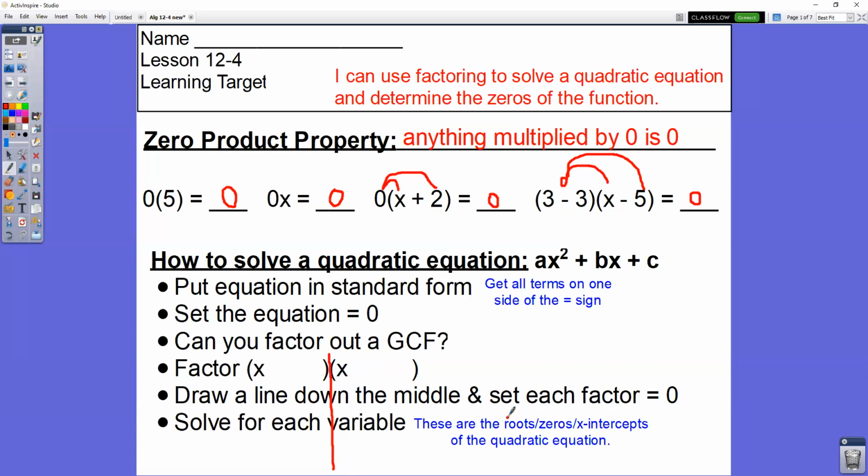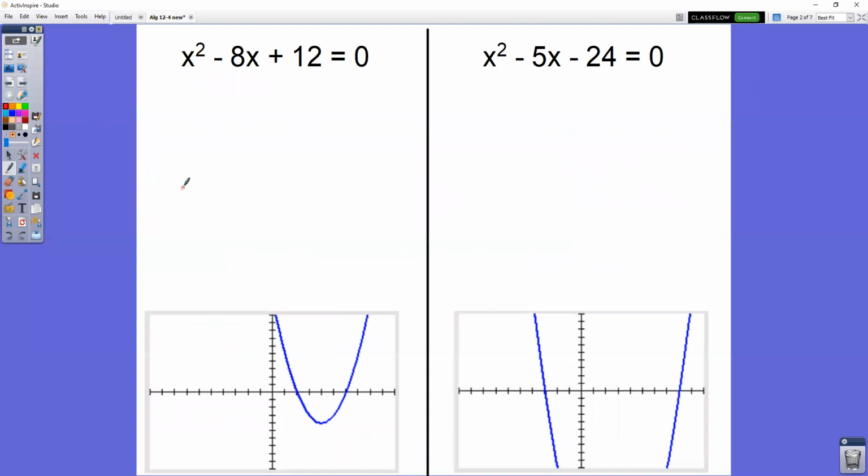All three of these things mean the same thing. The roots of an equation are the answer, the zeros are the answer, the x-intercepts are the answer of the quadratic equation. So when we take a look at these two questions, these are very, very typical of what you're going to be seeing today.